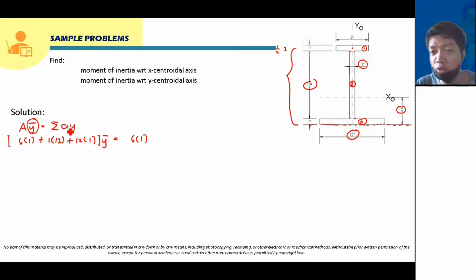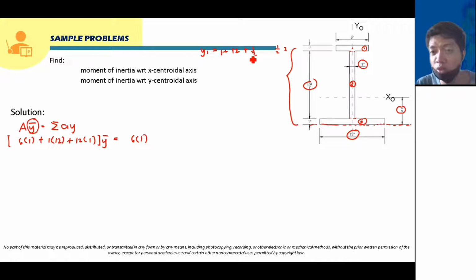So its corresponding y, as I've mentioned, we write their corresponding y here. So for area 1, its y is 1 plus 12 plus 1/2. Do you follow that? Plus the distance y. That will just be 1 plus 12 plus 1/2.